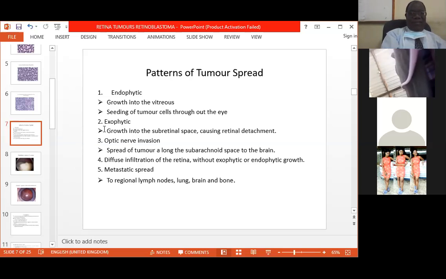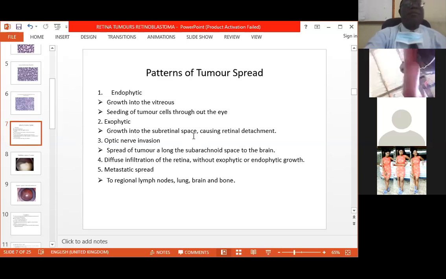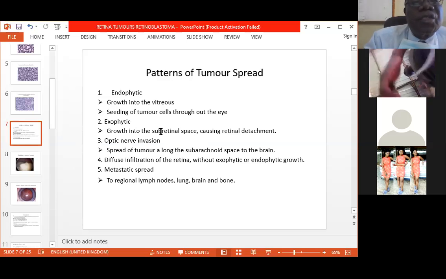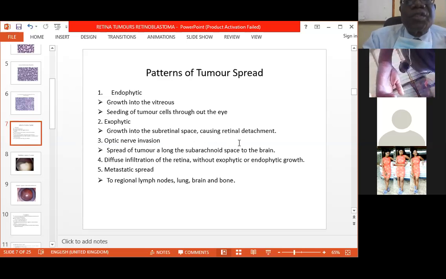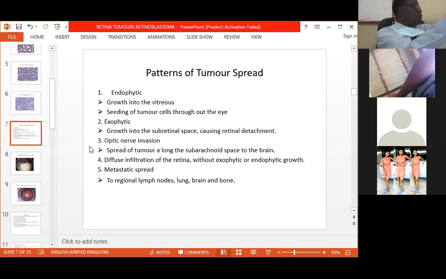Exophytic means it's growing into the subretinal space, causing retinal detachment. You've got the tumor, the retina. The tumor cells grow into the subretinal space, or can grow into the vitreous.